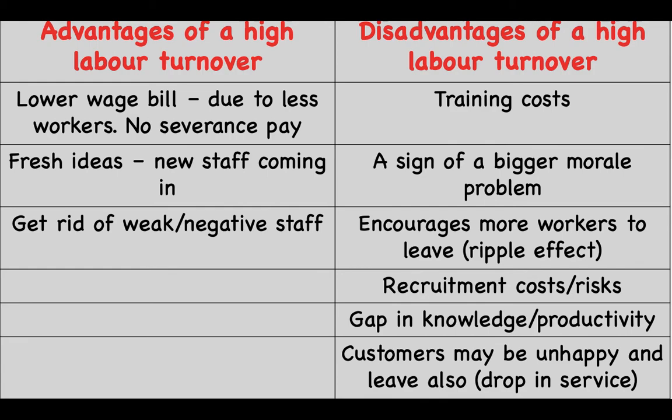If somebody with specialist skills leaves, then that's going to leave a gap. And particularly in the service sector, so maybe PTs or anything that's very face-to-face, if they have a higher turnover, the customer might be unhappy if their PT or their teacher leaves because they've got to get used to a new person. So it's generally considered a negative thing.